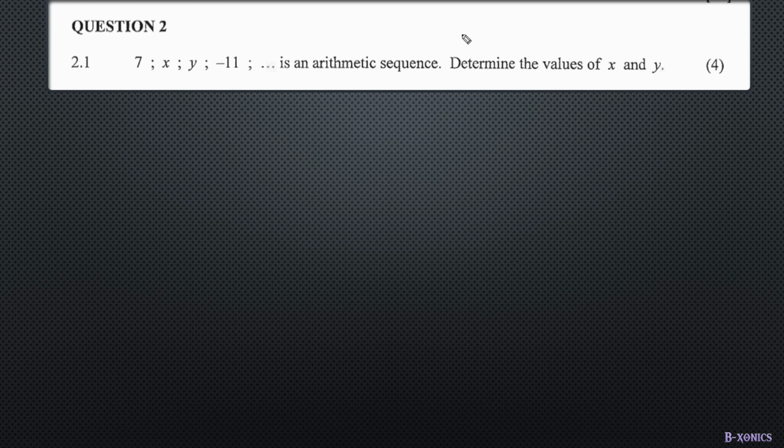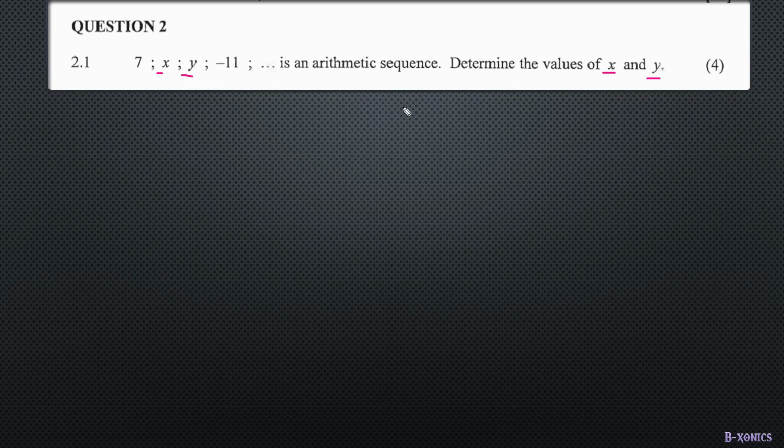So today we have this sequence with x and y, and this is an arithmetic sequence. You should be able to determine the value of x and also y. You don't have to think too much when you get this. You just have to think about the words itself, arithmetic sequence.